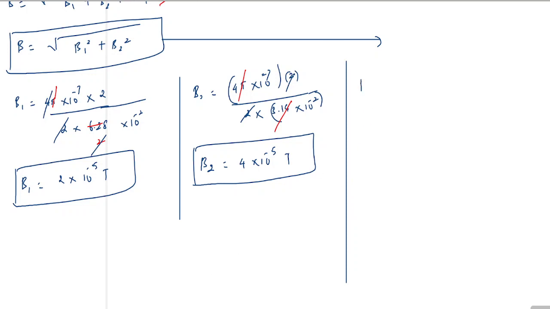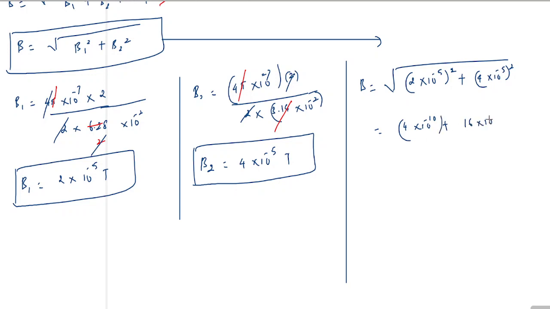The resultant field is under root of b1, which is 2 into 10 power minus 5 the whole square, plus this is 4 into 10 power minus 5 the whole square. So it becomes 4 into 10 power minus 10, this is one term, plus 16 into 10 power minus 10. From here 10 power minus 10 is common, that comes out, that becomes 10 power minus 5, because root of 10 power minus 10 is 10 power minus 5, and what remains is root of 20.